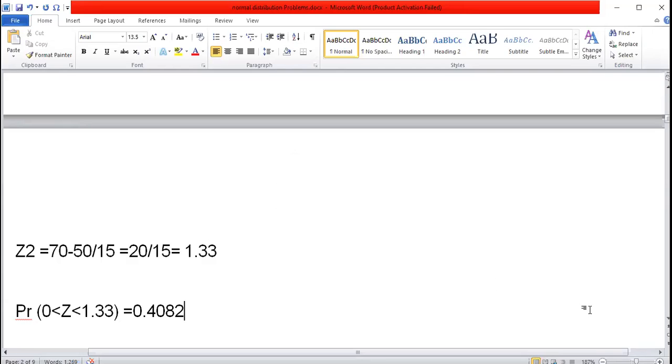In that case, you are making a mistake reading this. This is a very reasonable probability. What you are saying is not reasonable. 90% of the values lie between 0 to 1.33 of Z? No, cannot be. You are including the left-hand side area also.